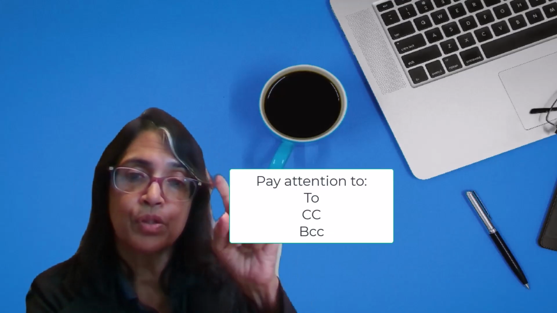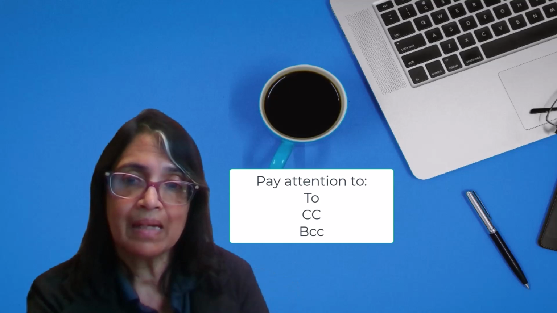Pay attention to the CC and BCC fields. Only include people who actually need the information. Taking a few seconds to check these details can prevent a lot of awkward moments. So you can prevent a bigger problem by avoiding this mistake.